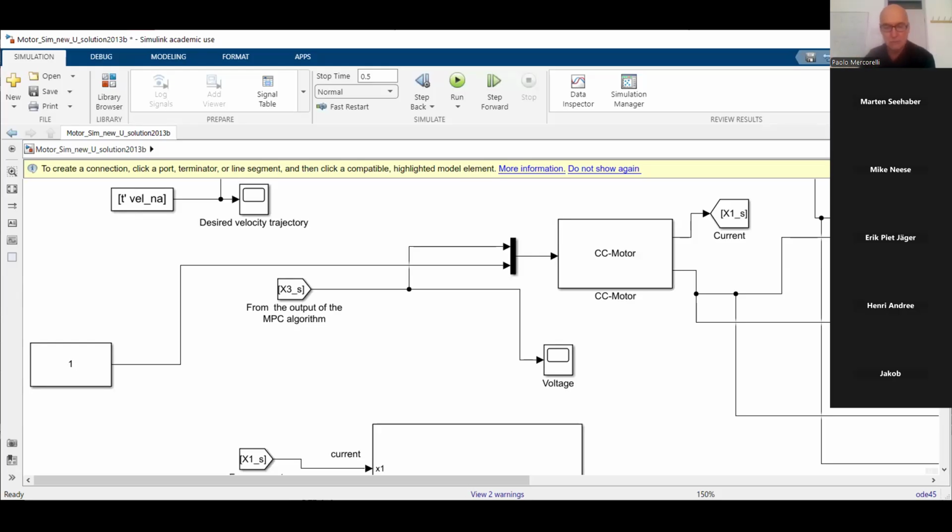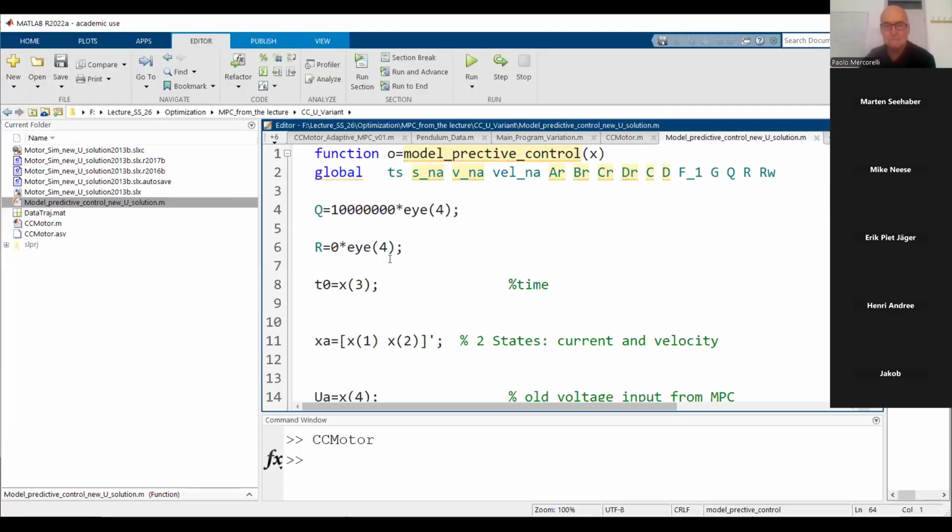What is the meaning of this? Extremely high Q, R equal to 0 means I would like to obtain my error as small as possible, independent of the price, independent of U. Because the cost function basically consists just of the sum of the error square.